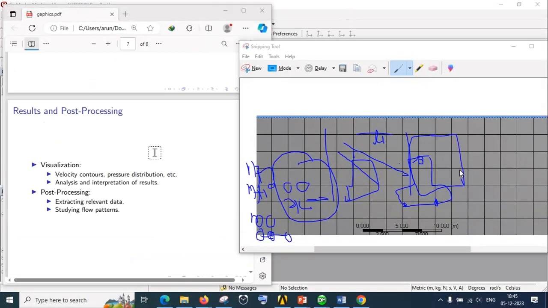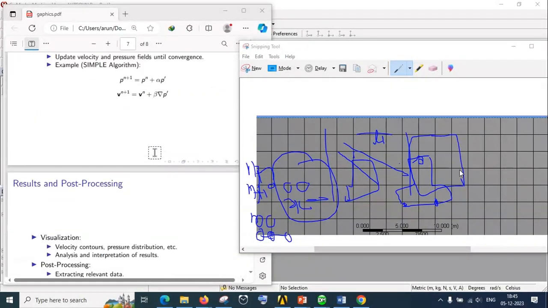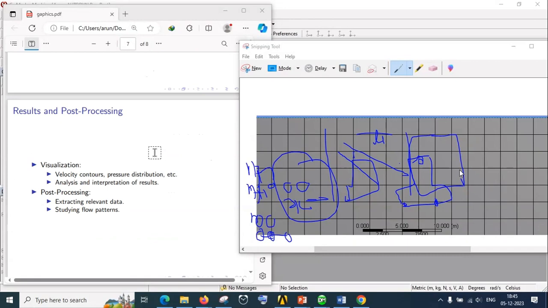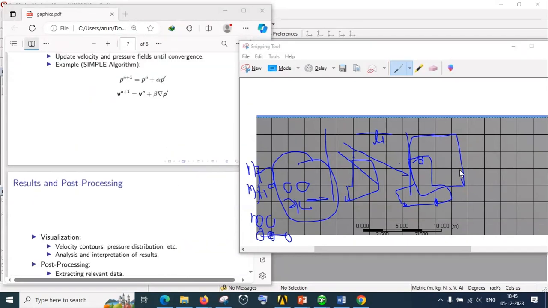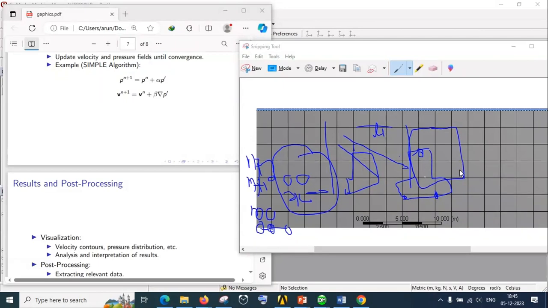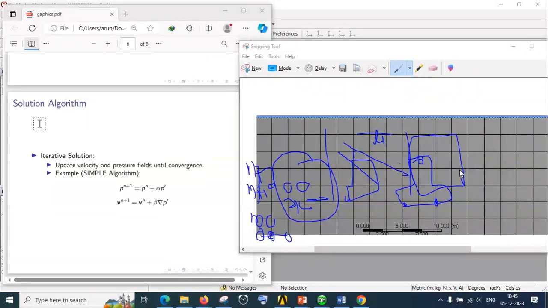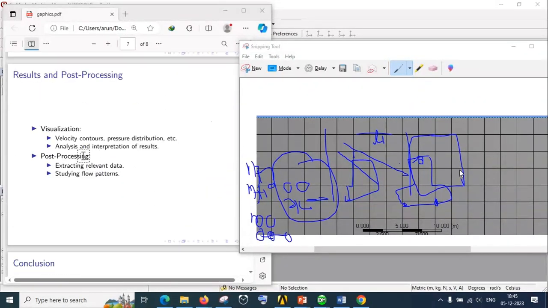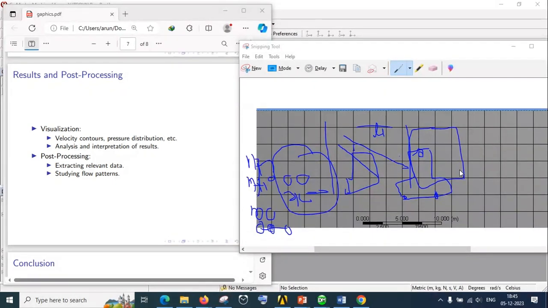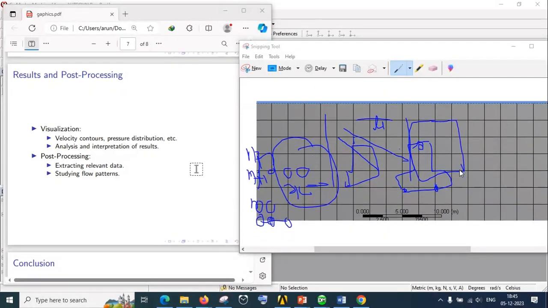In the sixth part, our result and discussion part, we cover results and post processing. When the calculation is completed by the solution algorithm, we use visualization and graphing methods for the velocity contour and pressure distribution, the velocity profile, the gradient and the contour in the flow domain.